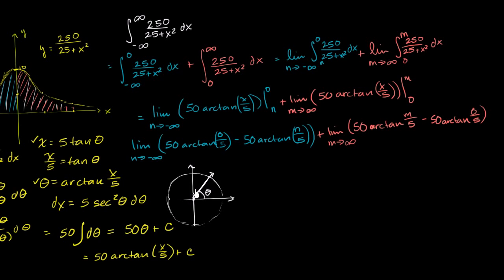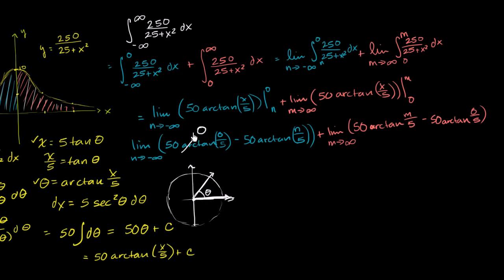So if I want the arctangent of 0, it's essentially saying let's get an angle where the terminal side has slope 0. An angle where the terminal side has slope 0 is an angle of 0. So arctangent of 0 is 0 radians.